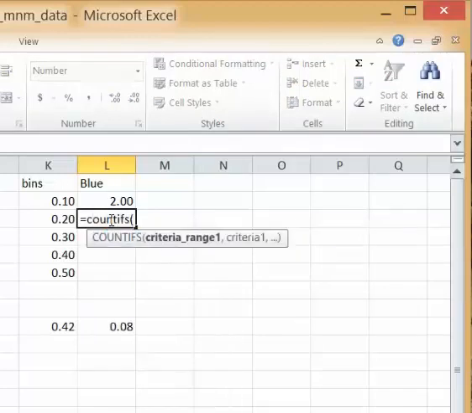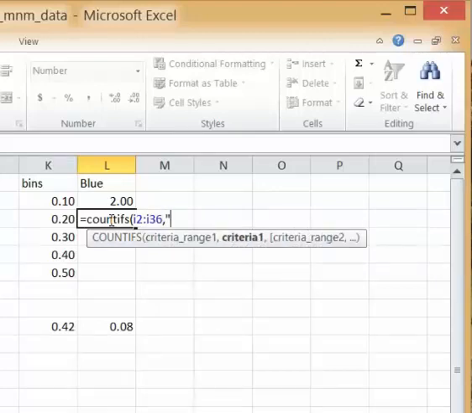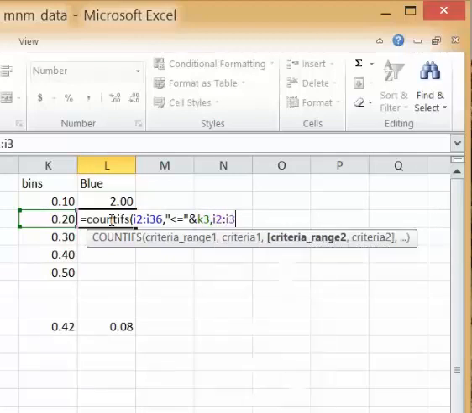Next one, COUNTIFS. Again, our range is I2 through I36. The first criterion is going to be less than or equal to K3. Now the second criterion, again, we need to put in I2 through I36. We have to be redundant here. But now we want to see if the value is greater than K2.